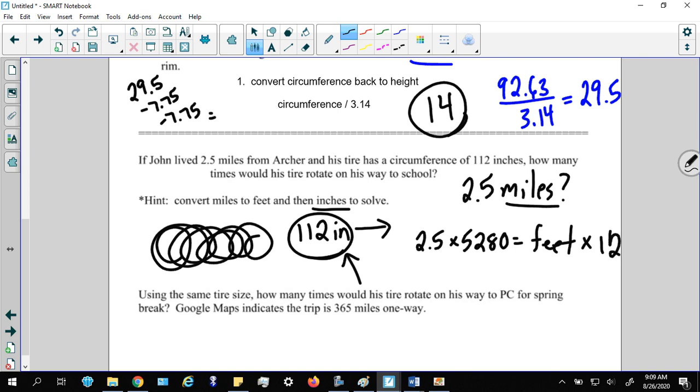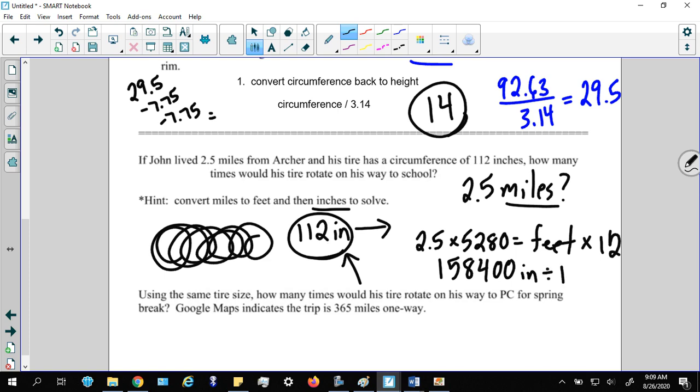So 2.5 times 5,280 times 12, I get 158,400 miles. All right, I'm sorry, I said miles. I meant inches. Now, very simply, how many times will 112 go into this number?